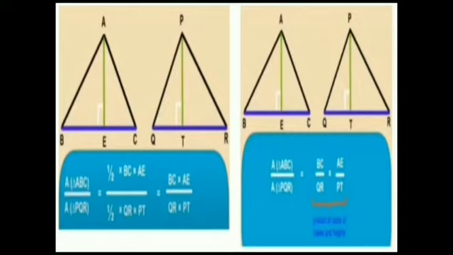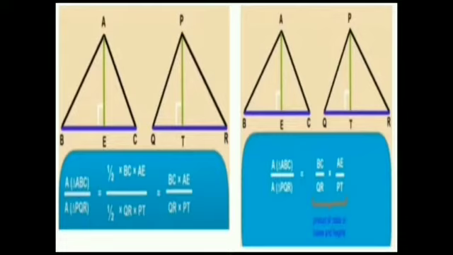Now half is present in numerator as well as denominator, so half gets cancelled and what we get is BC into AE upon QR into PT.